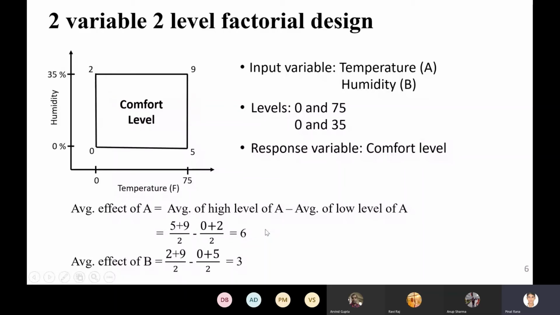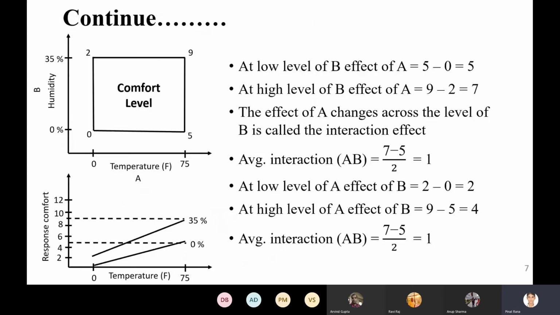In the same way, we can calculate the effect of B, which is (2 plus 9) divided by 2 minus (0 plus 5) divided by 2, which is 3. We have seen the individual effects of A and B. Now we see the interaction effect.